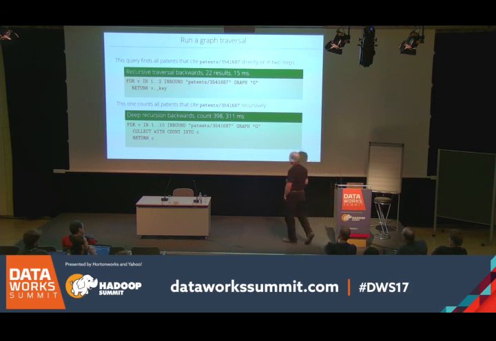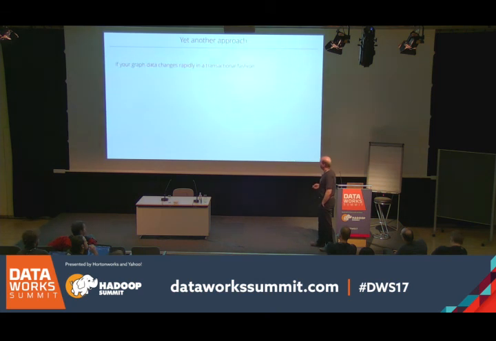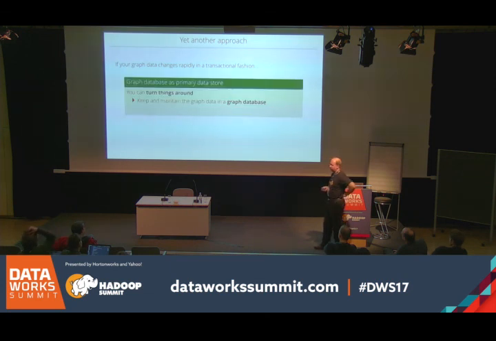Now, I want to finish with just one more remark. This is the story I wanted to tell in this talk, but there are other stories I could have told. For example, sometimes the graph data you have changes in a transactional way very rapidly. And then Hadoop is not the right answer, because things are changing rapidly. You can only append to files and so on. So then you want to probably turn things around.